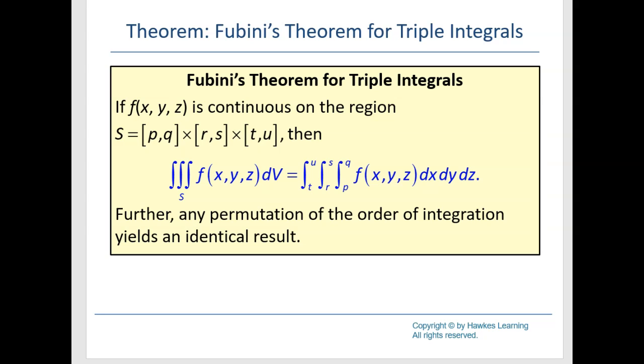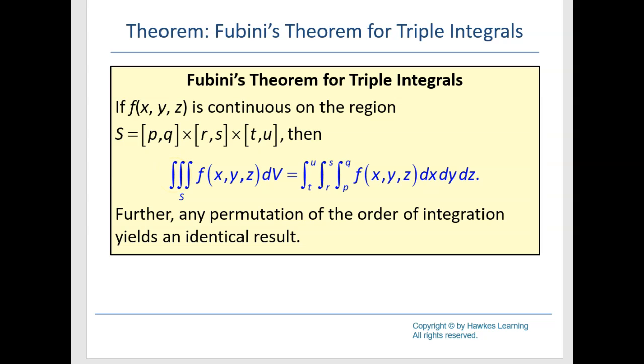Alright, and then Fubini's theorem that we've seen before. If we got a rectangular region, the order of integration doesn't matter. So this is what this is saying, dx, dy, dz, but any permutation, and that means dy, dz, dx, or dz, dx, dy, any order of these 3 that we can come up with is going to give us the same thing with our rectangular region.